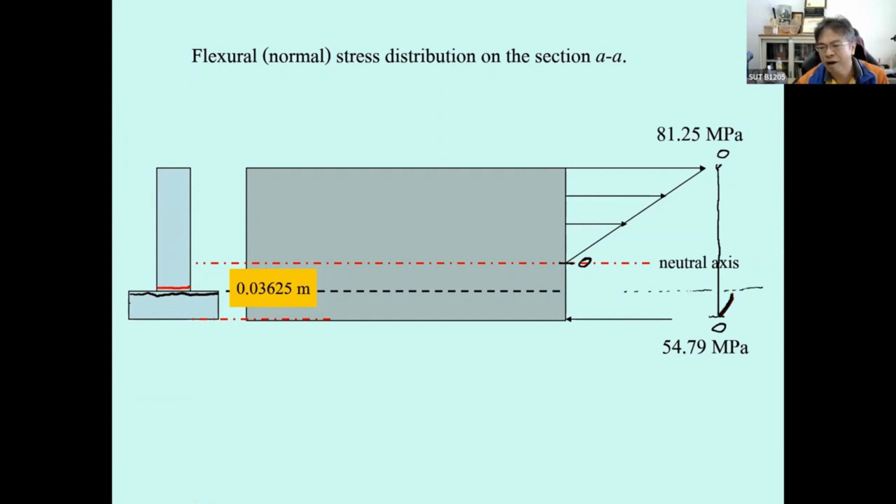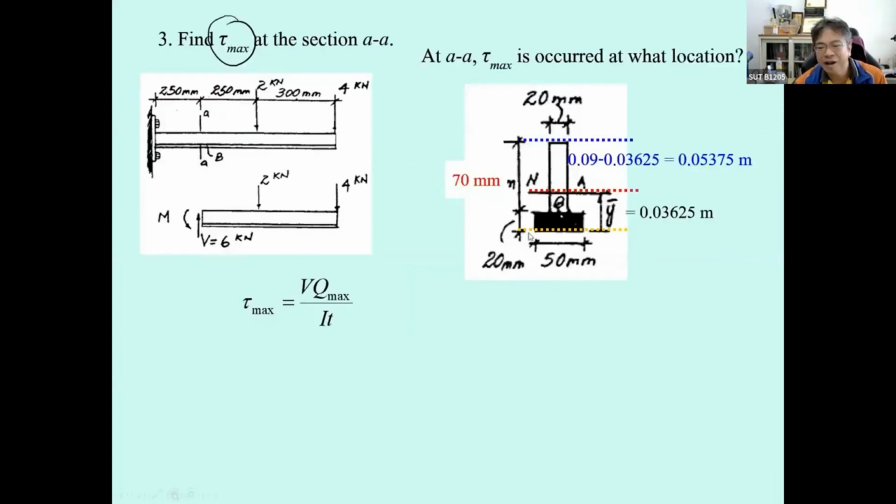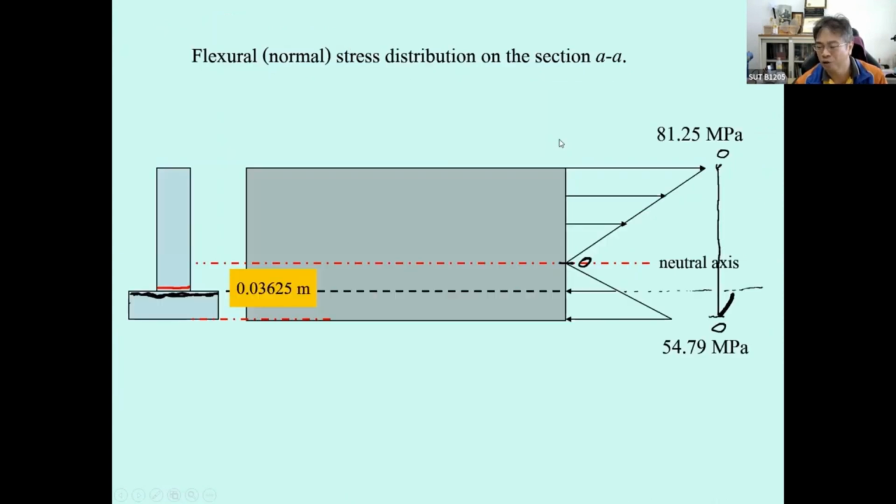This one will be based on this width, and then they are different by what? They are different by the thickness of the section. The flange is 50 millimeter, the web 20 millimeter. So the ratio of the difference between flange and web is 50 divided by 20, so that is about 2.5.